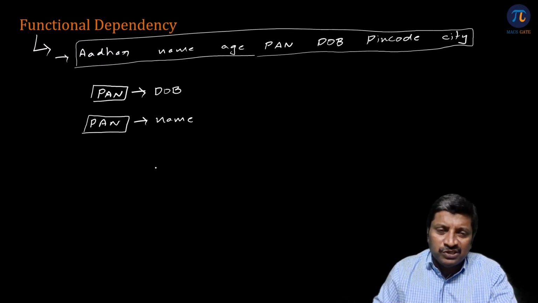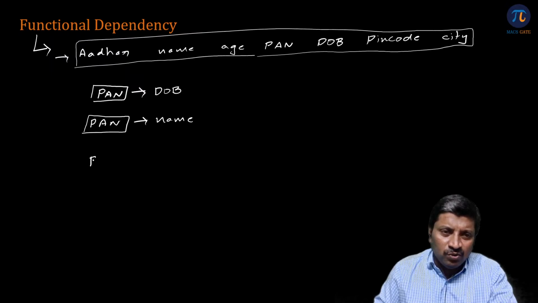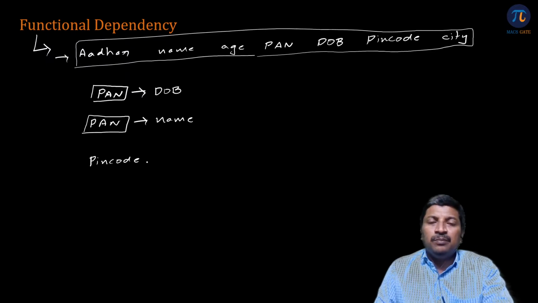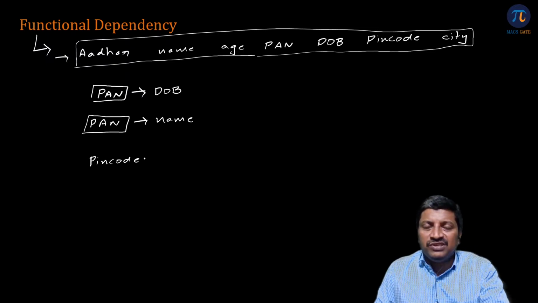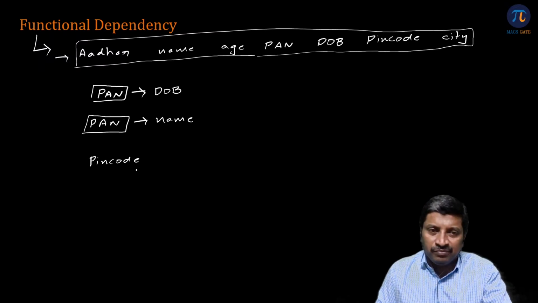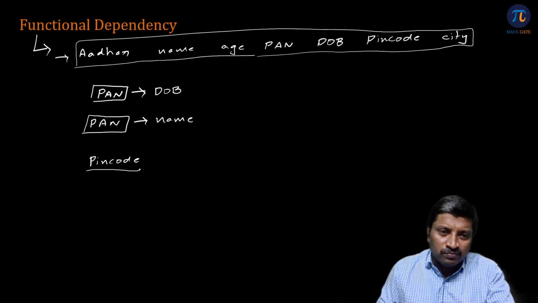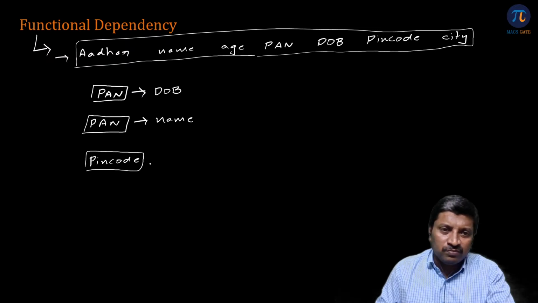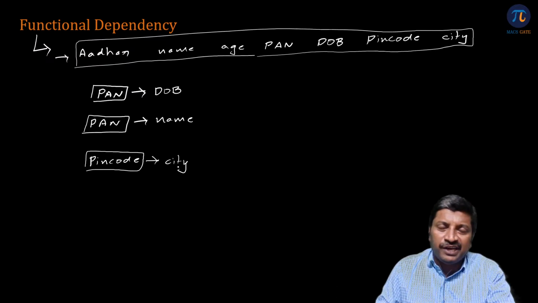Let me give one more example. Suppose I know PIN code of a particular candidate, the PIN code of the address in which the candidate is living. Whenever you know PIN code, can you find the city in which he is staying? Yes, of course, we can easily find it.